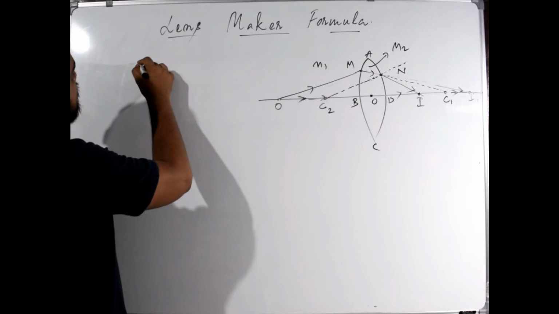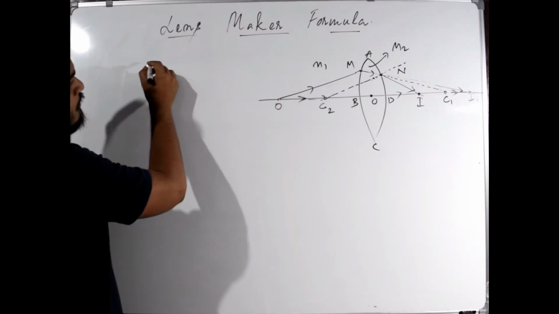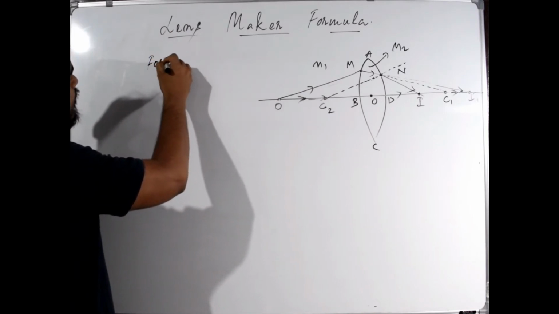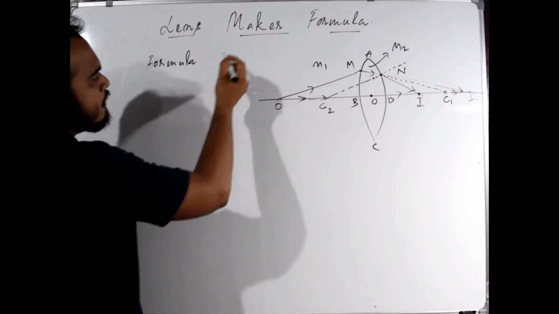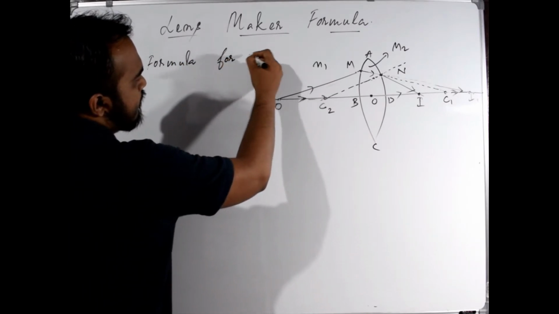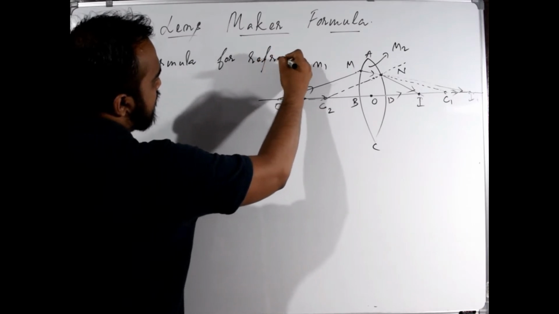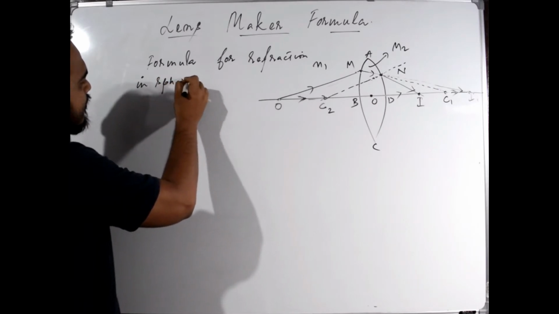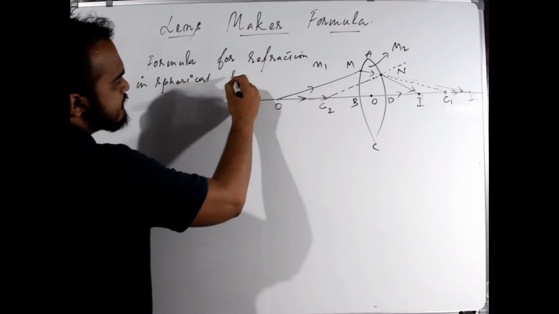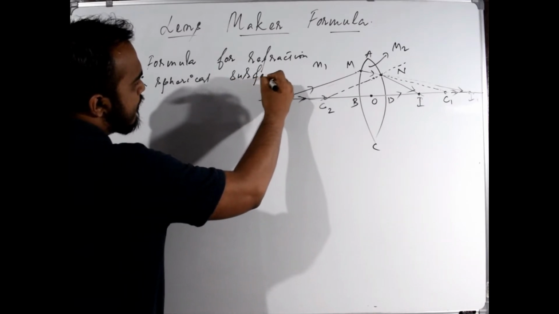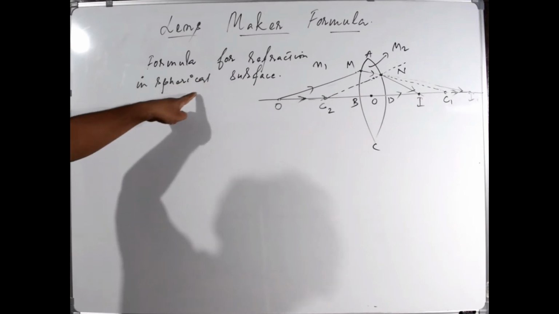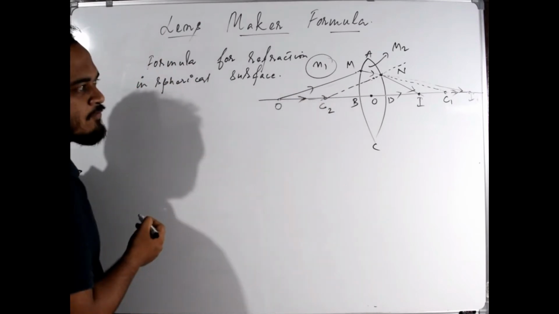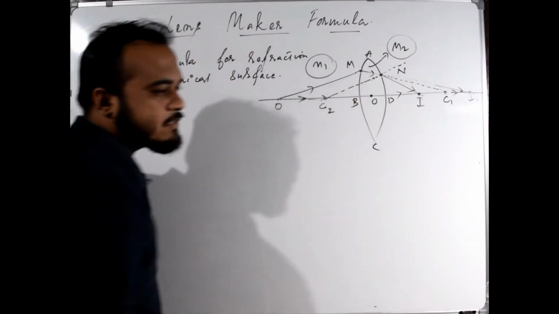So if we see in the diagram, if we use the formula for refraction in spherical surface, the refractive index of the outer surface is N1 and the refractive index of the inner surface is N2.